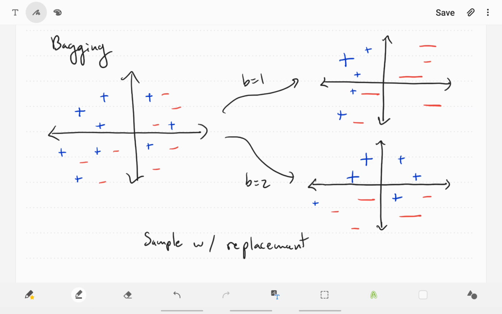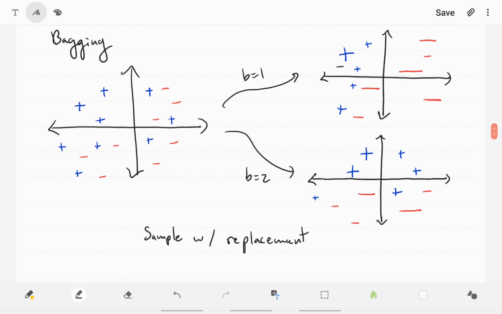So we're going to select, for example, a bunch of these positive samples, and some of the positive samples are going to get selected twice, or 3 times, or 4 times, such as the one underlined here. And same with the negative samples, and some are not going to get selected at all. Then if we repeat this procedure, we're going to get a different data set with multiple counts.